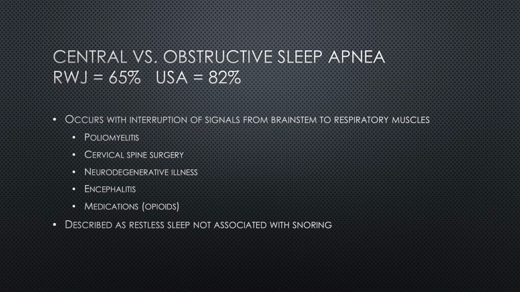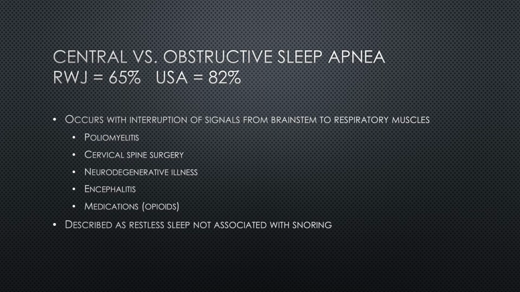All right, central versus obstructive sleep apnea. It's important to differentiate these two types because even though the end result is the same, an apneic episode, how you get to the apneic episode is somewhat different. Obstructive sleep apnea, as you all know, is when tissue actually obstructs the oropharynx and doesn't allow for the passage of air.